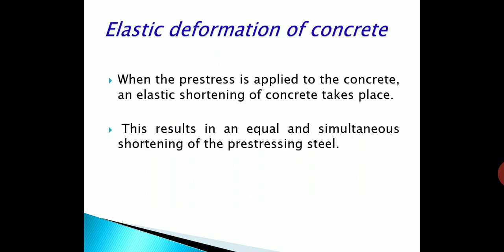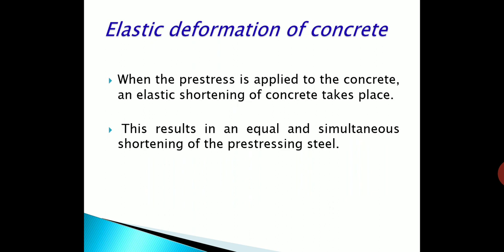So let us start with the first loss, that is elastic deformation of concrete. So what is elastic deformation? It is a change in shape due to the application of loadings, or variation in shape is termed as elastic deformation. Till the deformation is elastic, it means that it can regain its original shape and size once the loading cycle ends.